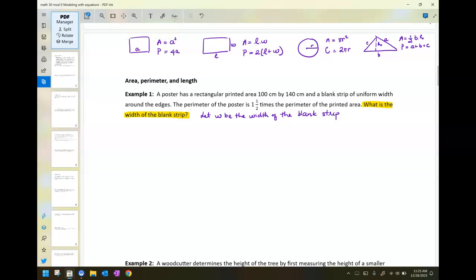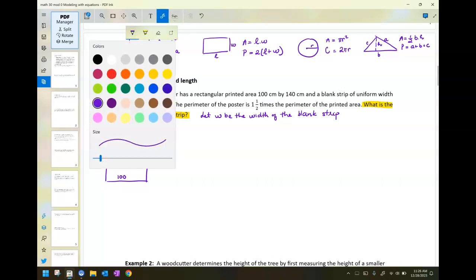So let's draw the picture here. Let's organize our information in a diagram. A poster has a rectangular printed area 100 cm by 140 cm. So this is the printed area, 100 cm by 140 cm, and then a blank strip of uniform width around the edge.